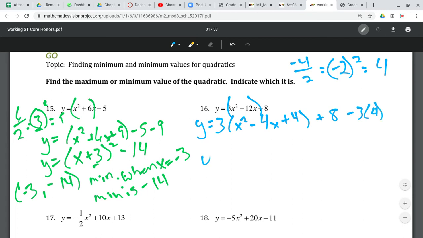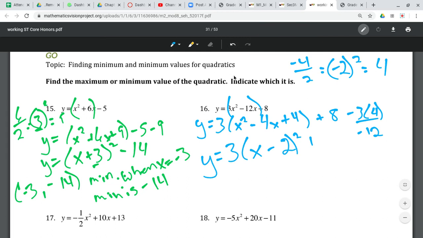So then we write our factoring, so y equals 3 times (x minus 2) squared, plus, well, won't be plus anymore. So negative 3 times 4, this all becomes the negative 12. So 8 minus 12 will give us a negative 4.